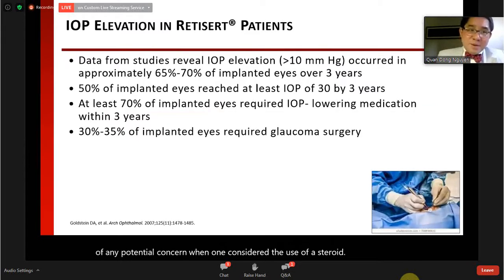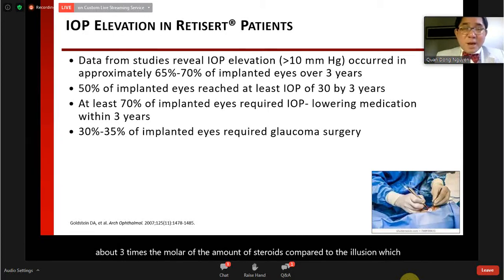So some of this data has been helpful when we look back at some of the old data. As I mentioned, the Retisert also contains fluocinolone acetonide, but it has about 3 times the amount of steroid in milligrams compared to the Iluvien, which is the insert.